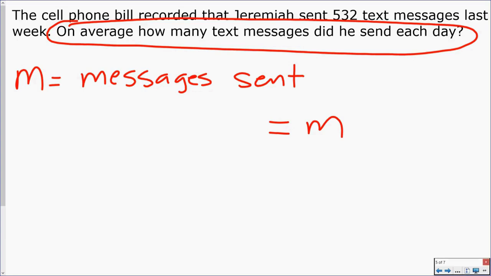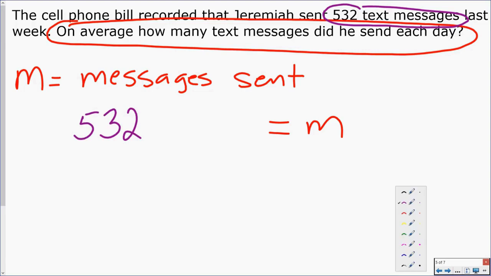Now I need to figure out how to get that answer. It said that he sent a total of 532 text messages. So here's my amount. And then it asks how much did he send each day of last week? Well, there are 7 days in a week, so I'm going to take this and divide it by my 7 days, and that will get my messages sent each day.